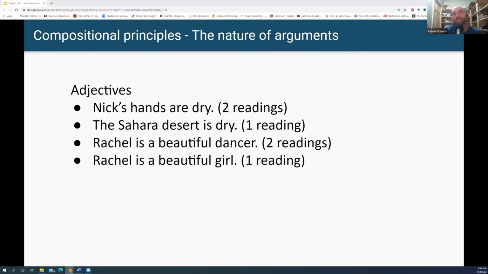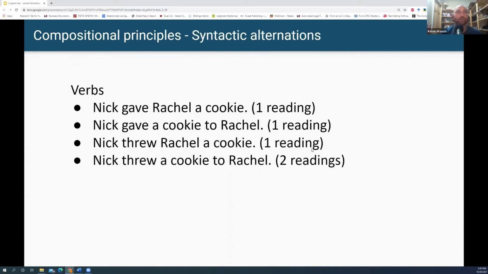But the point is that there's a lot of homework you need to do if you're going to analyze beautiful, right, about the words around the word beautiful, to figure out what exactly they mean. So if you want to know what beautiful means, you need to know the proper semantics of dancer as well, and how that differs from cook.